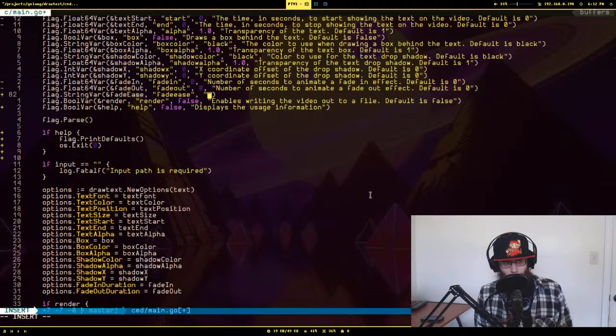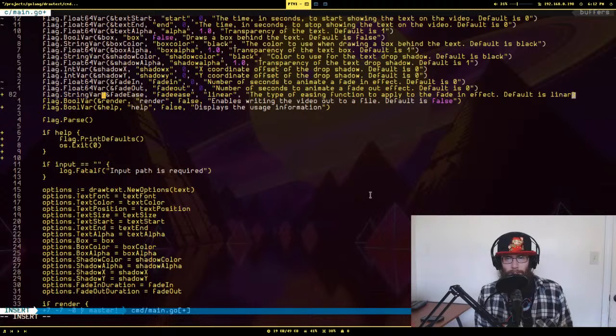It defaults to linear. The type of easing function to apply to the fade in effect. Default is linear.